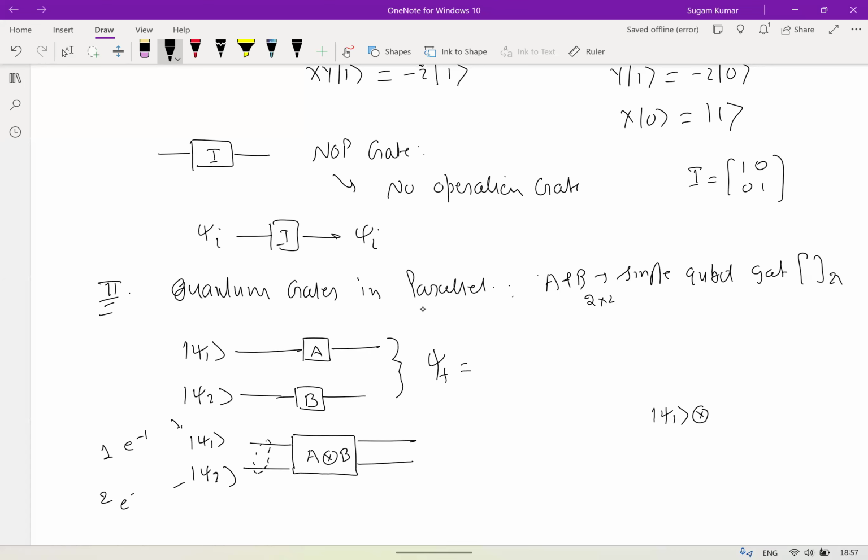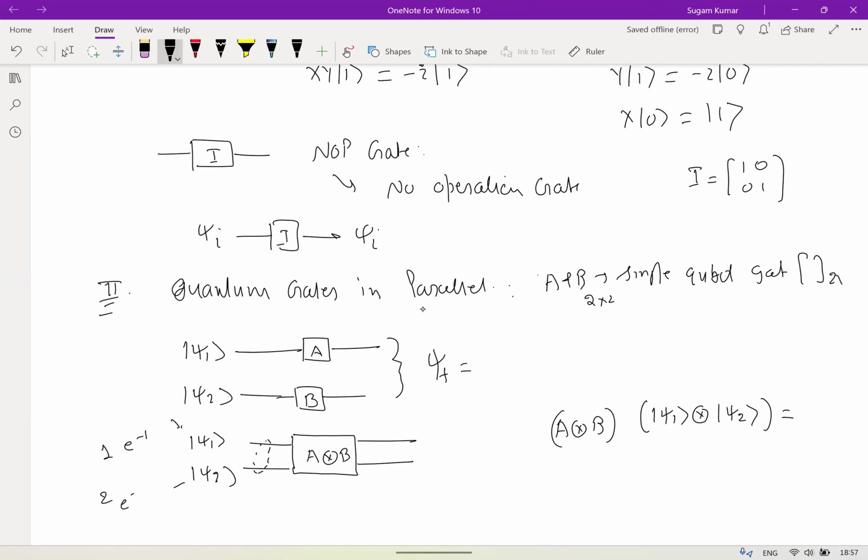So they belong to the Hilbert spaces of different qubits, and when you multiply, they multiply through a tensor product. So this is the resultant psi1 and psi2, and here also A and B.